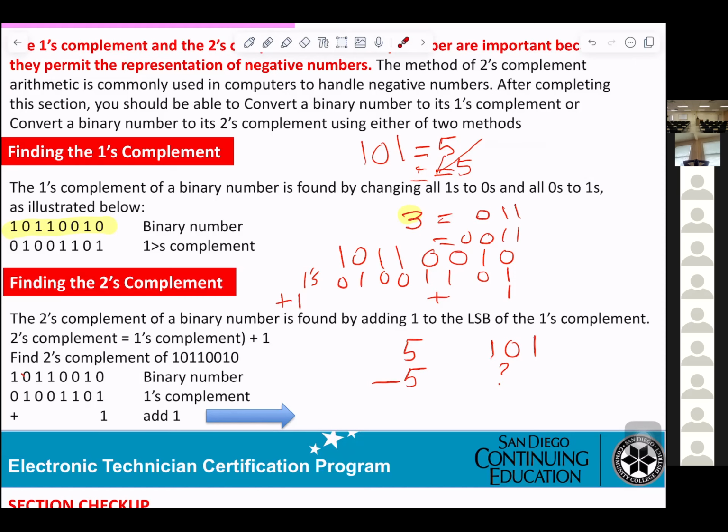You get the second complement. Any question? First complement. Second complement.